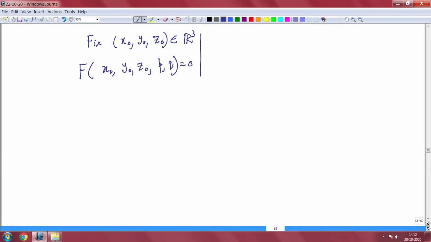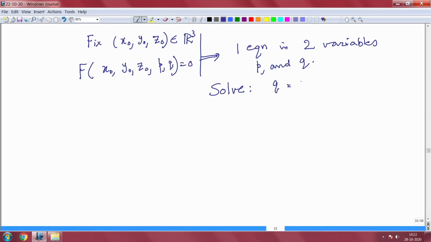This is one equation in two variables p and q. In principle, assume that you can solve it; you know the conditions under which it can be solved. Solve for q in terms of p, and assume that there is a unique solution.